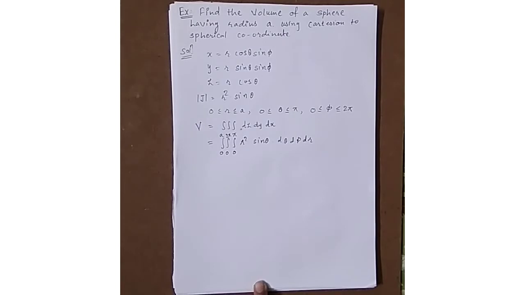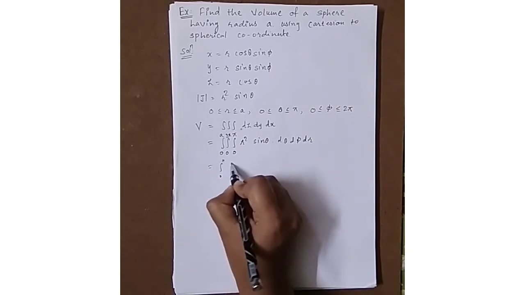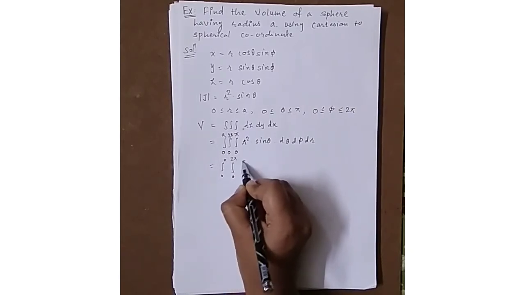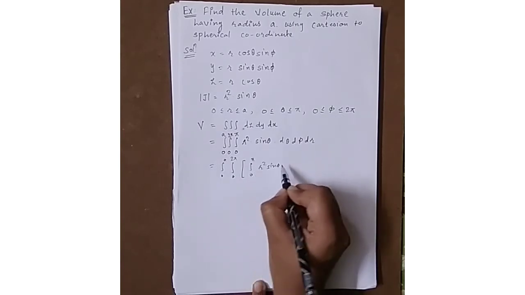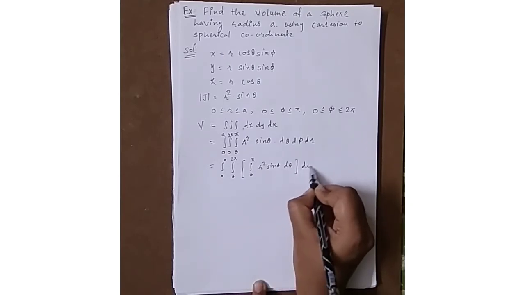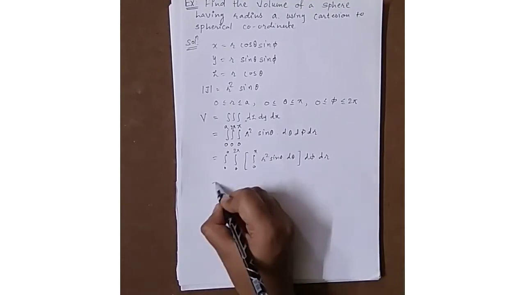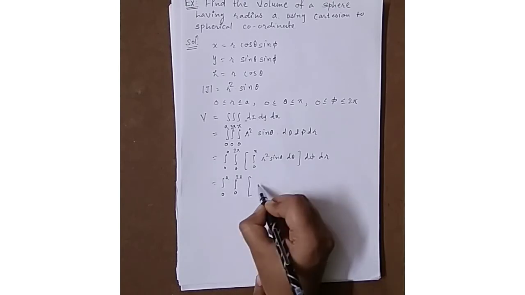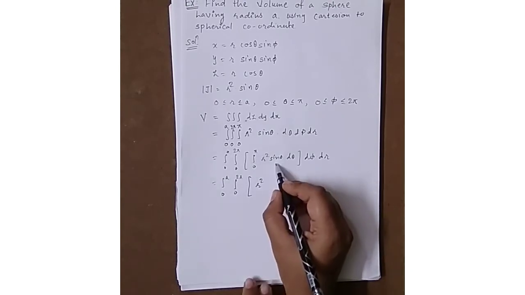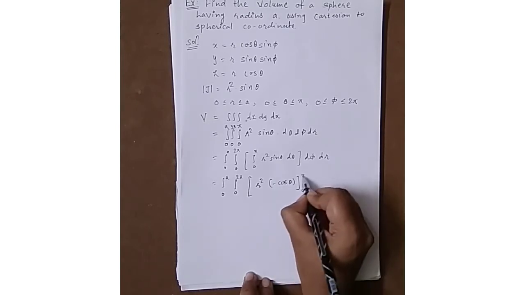Now we first integrate r square sin theta with respect to theta. So it is equal to the integral from 0 to a, 0 to 2 pi and 0 to pi of r square sin theta d theta d phi dr. R square is constant, the integration of sin theta is minus cos theta, with limits 0 to pi.